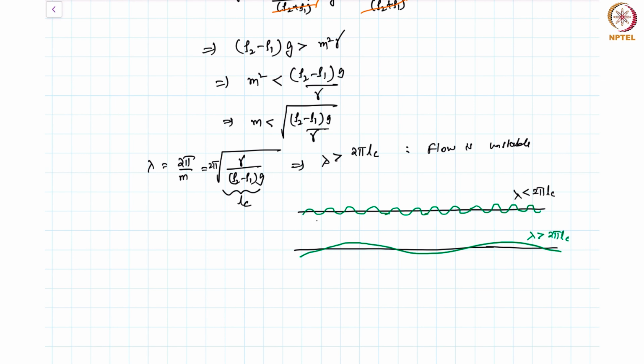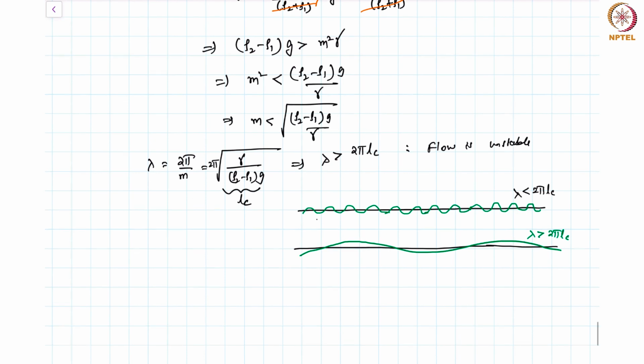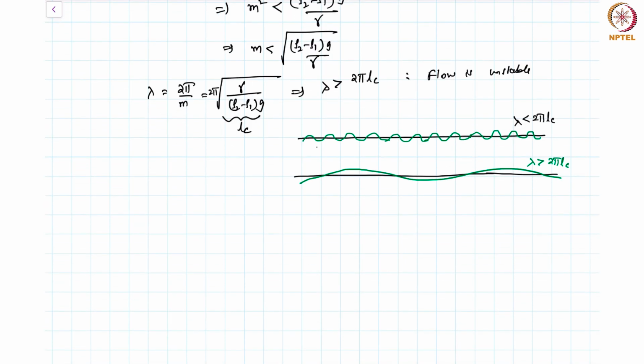And when this happens, the wave will grow, because gravity is going to start dominating at this length scale. You are well above the capillary length. And remember, capillary length is the length scale obtained where the surface tension and gravitational forces are in balance, right? So what is the moral of the story?